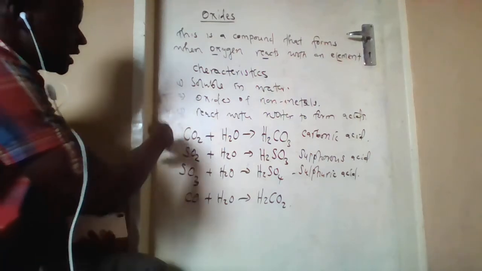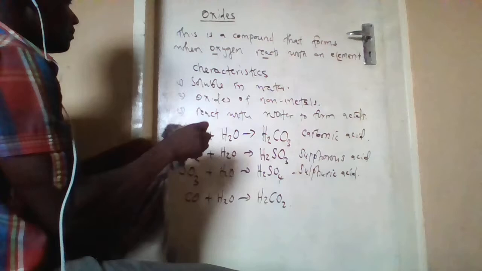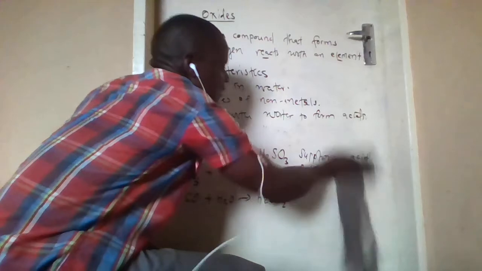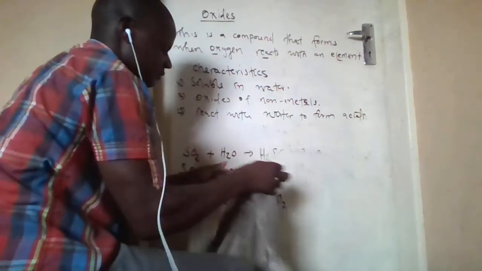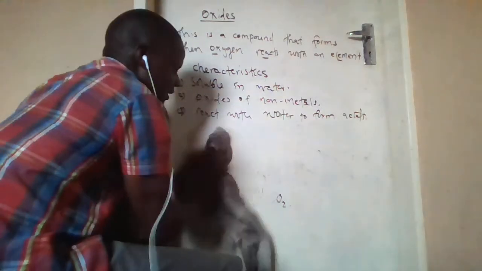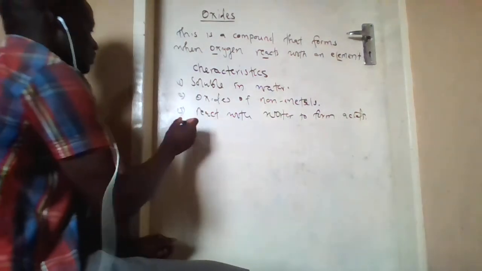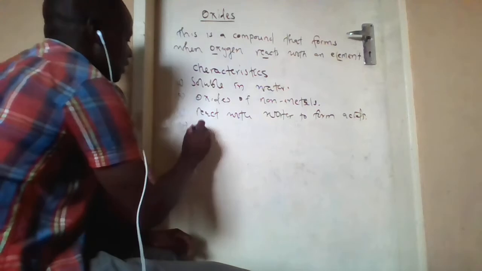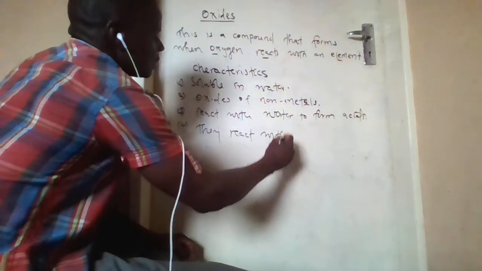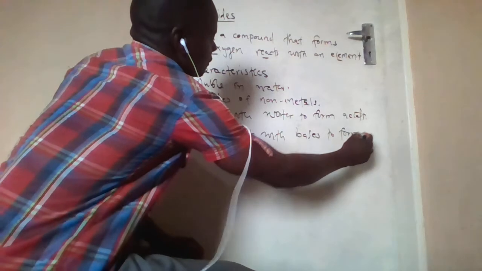How is carbon dioxide reacting with the base to produce salt and water, which is another property? Let me write it here so that I can write the example thereafter. So how can you demonstrate that the fourth property is indeed true? The fourth one states that they react with the bases to form salt and water.